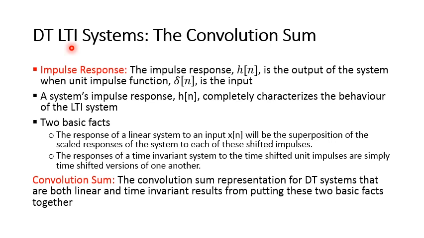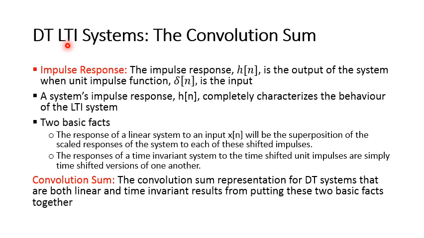If a system holds both of these properties, we call it a linear system. The next is time invariance. If the system's characteristics do not change with time, then such a system is called time invariant, right? If a system holds superposition, scaling, and time invariance, then such a system is called an LTI system.